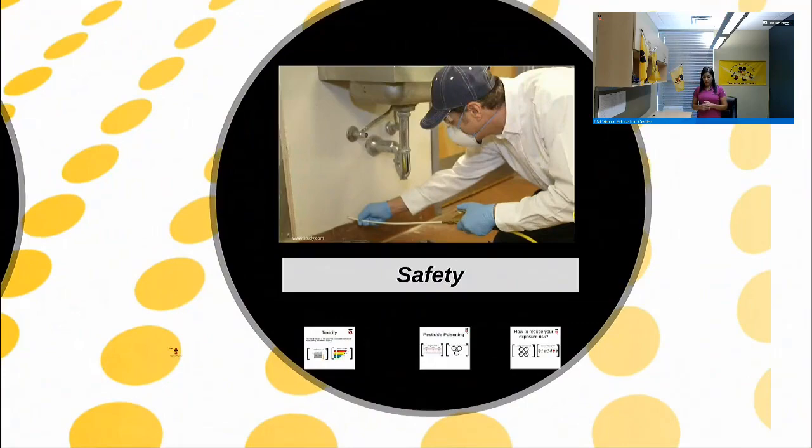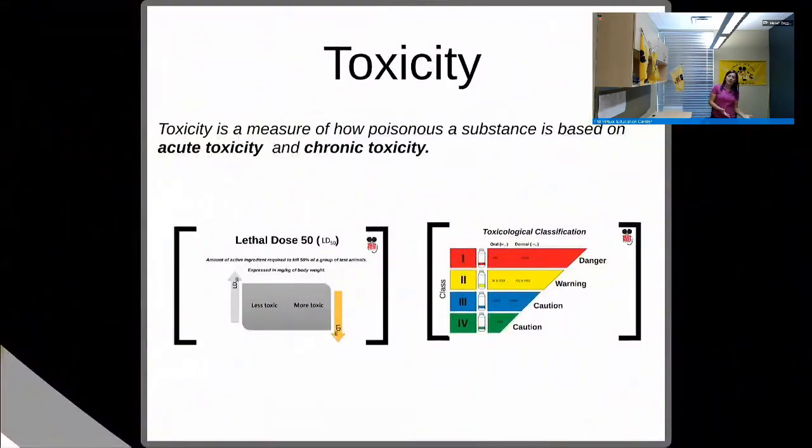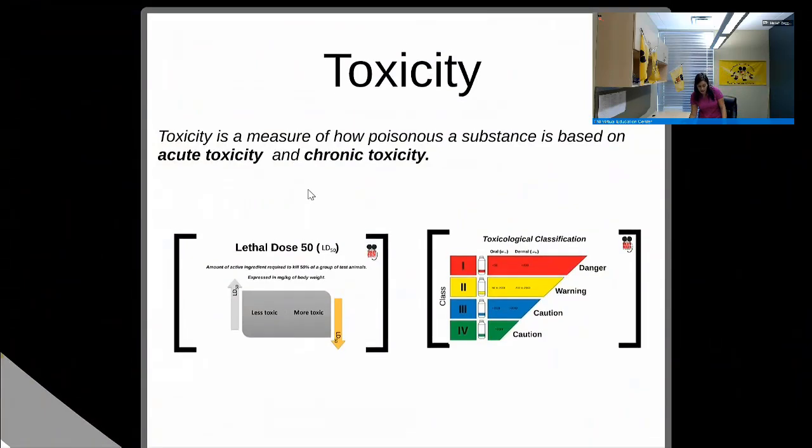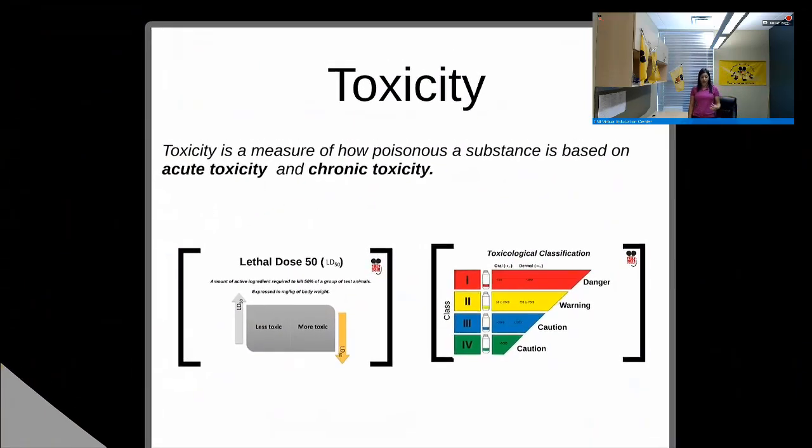So we talked that there are pesticides that have a higher or lower toxicity, but what does toxicity mean? Toxicity is a measure of how poisonous a substance is based on acute toxicity and chronic toxicity. What is acute toxicity?